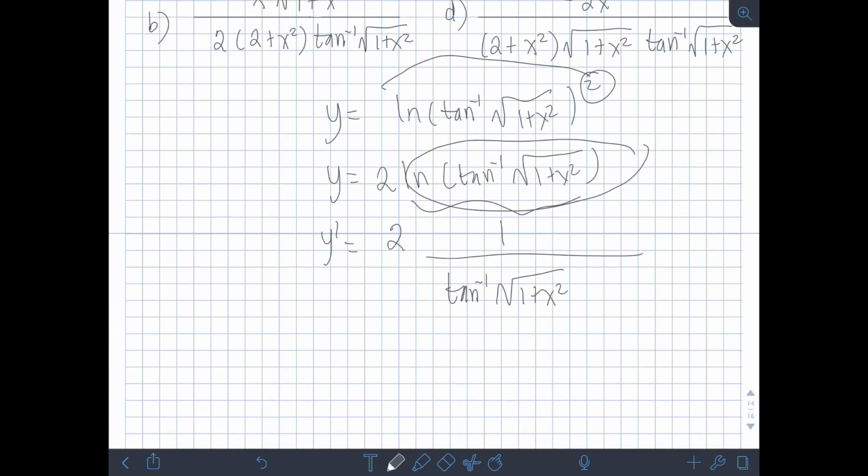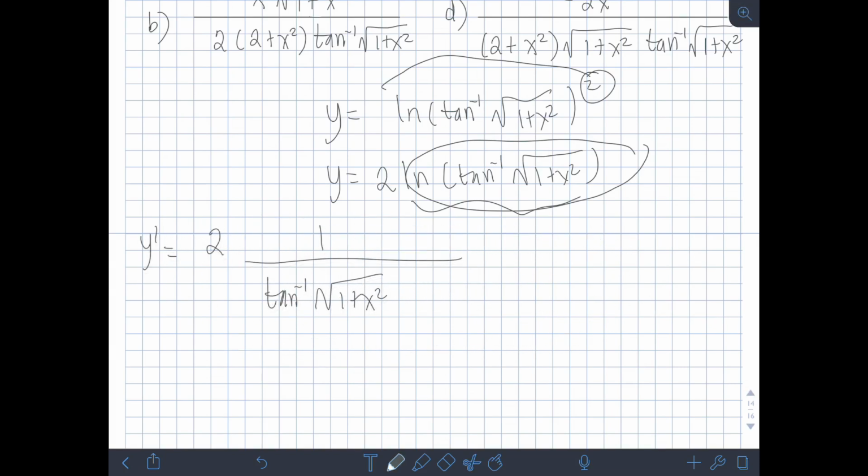So, ano bang derivative ng arctan u? Di ba parang 1 over u squared plus 1 times derivative pa nung u. So, ang u natin dito bali ay square root of 1 plus x squared. So, parang 1 over square root of 1 plus x squared, squared, plus 1 times derivative pa natin itong loob.